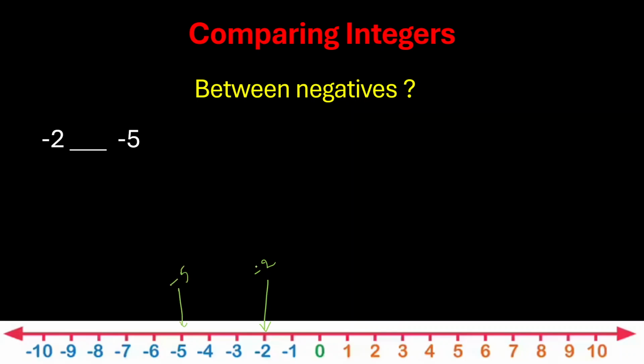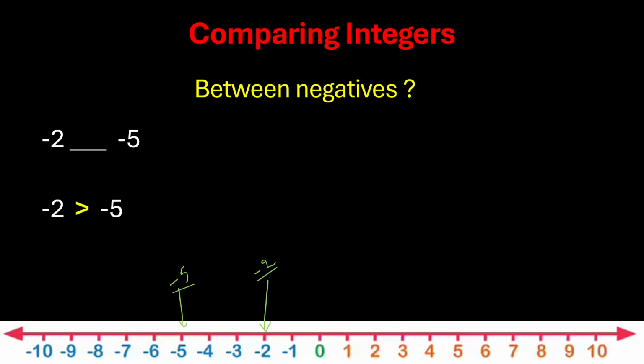So the first one is minus 2 and the second is minus 5. Minus 2 is on the right and minus 5 on the left. So the greatest number between the two negative numbers here is minus 2.